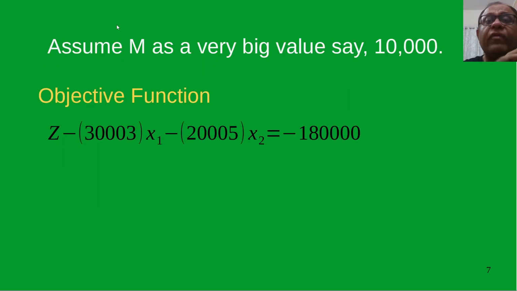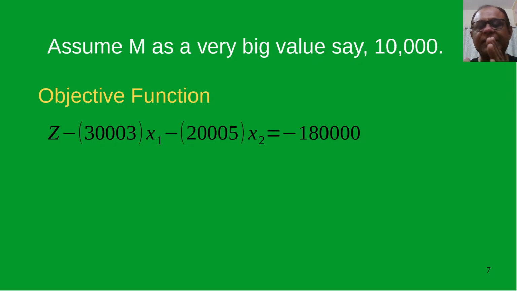Now we assume a very big value for M. That's the trick. You have to assume a value for M which is big enough so that it is far greater than whatever value of z you think you might get. And that's very simple. Looking at the structure of the problem, you can guess roughly the value of z.